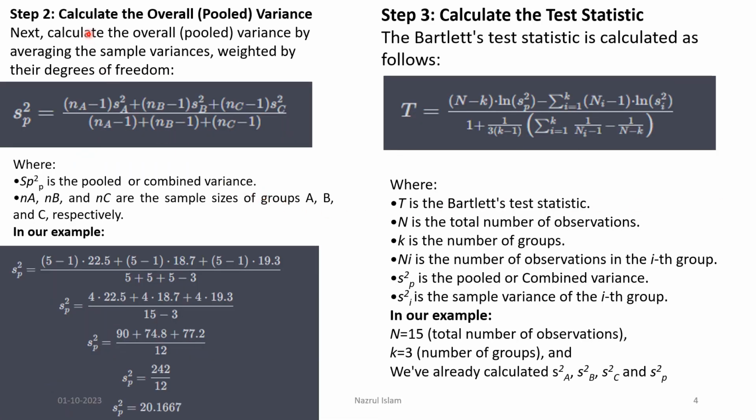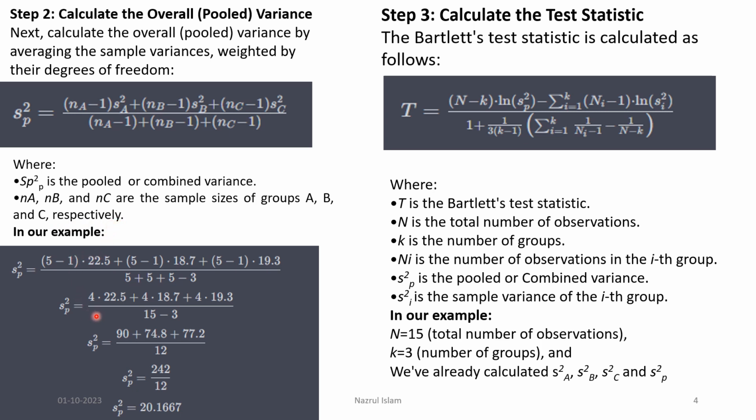Step 2. Now we calculate overall or pooled variance. Pooled variance is also known as combined variance. This is the formula for determining pooled variance of the data, where NA, NB and NC are the sample sizes of group A, B and C respectively.